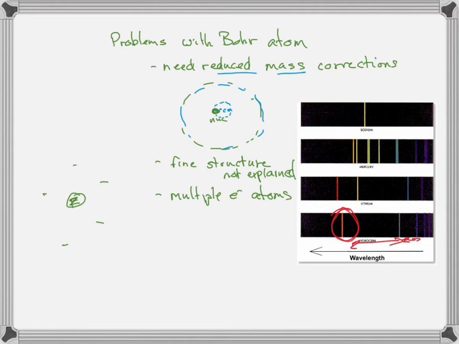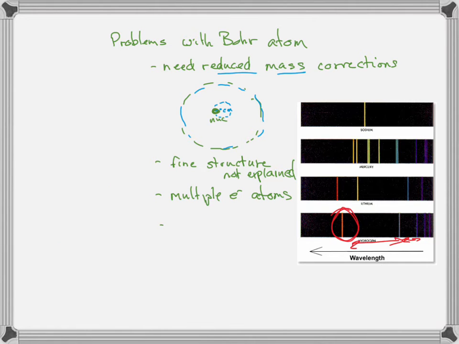One of the things that happens is something called shielding, that the electrons do not see the full charge of the nucleus because they are interacting with each other, right? That shielding effect can't be explained by the Bohr atom.